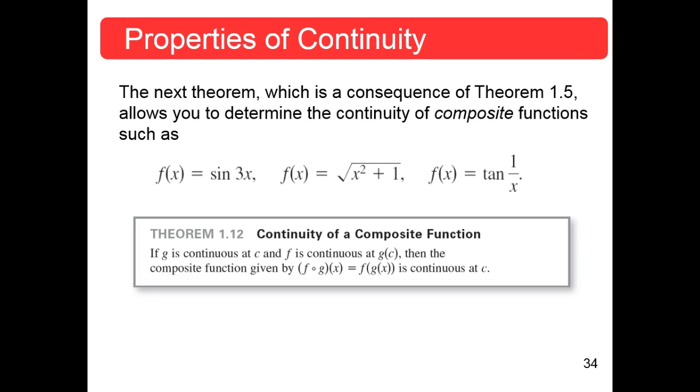This function in here, the polynomial function x squared plus 1, is greater than or equal to 0 everywhere, because x squared is always greater than or equal to 0, as long as x is a real number. And then you add 1 to it, and that's got to be greater than or equal to 1. So again, this will be a composite function that is continuous everywhere in the domain of the innermost function, which is all real numbers. How about the third one there?